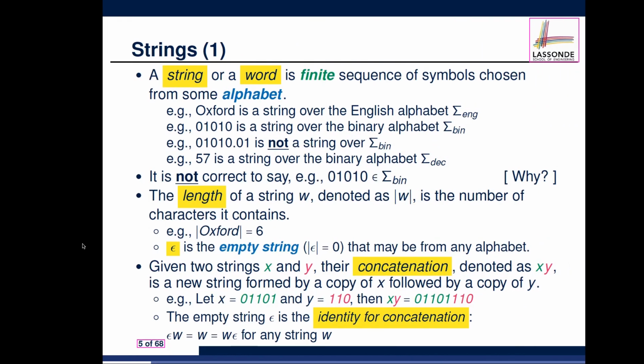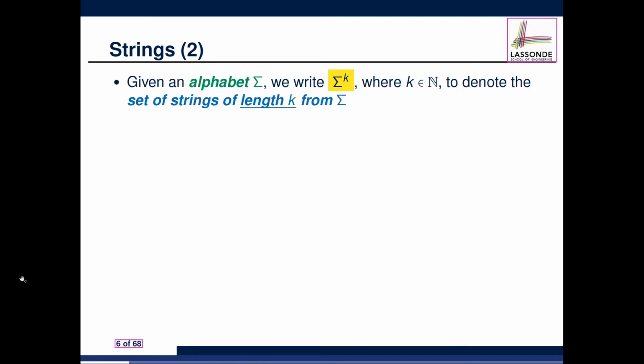Okay, let's now move further. Something more to say about strings. Here, things start to build up a little bit more. Let's say we're given some alphabet sigma. We can say sigma to the power of k. k is simply a natural number.